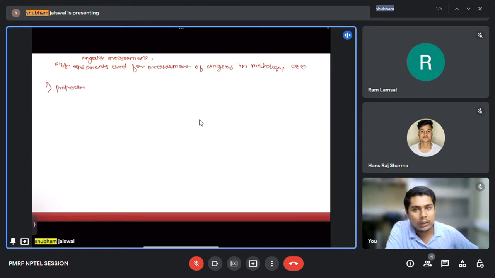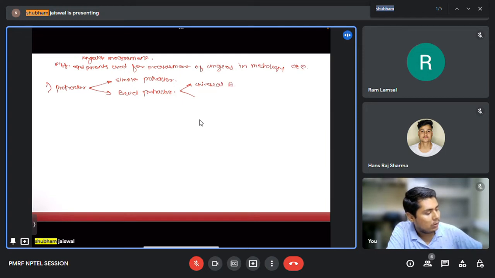In that also we have seen two types, the simple protractor and the bevel protractor. In the bevel protractor there are two types. One is the universal bevel protractor, and the second one is the optical protractor.